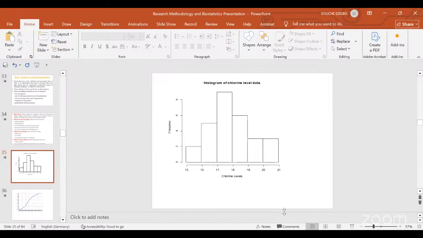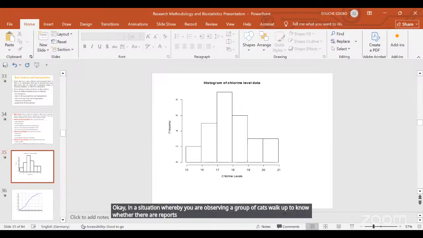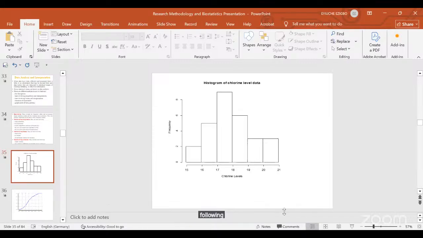In a situation whereby you are observing a group of health workers to know whether their reports on following a particular guideline to carry out a procedure are in line with what they reported in a questionnaire.